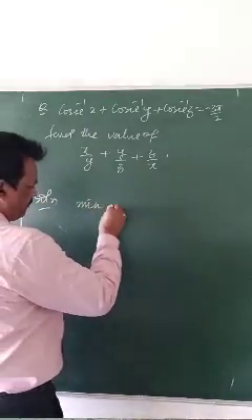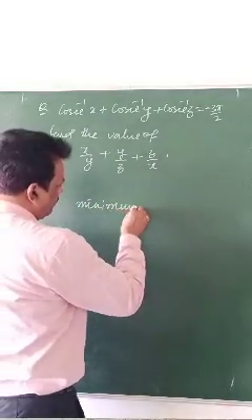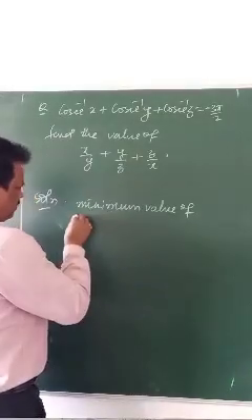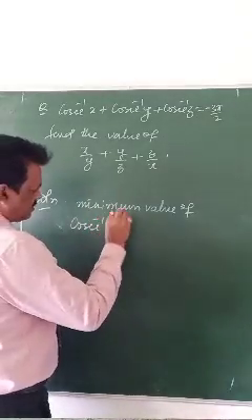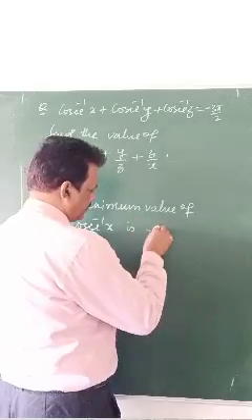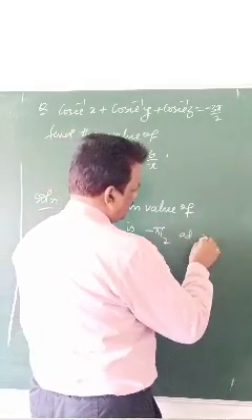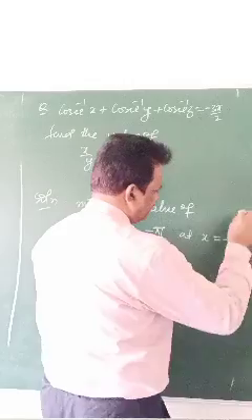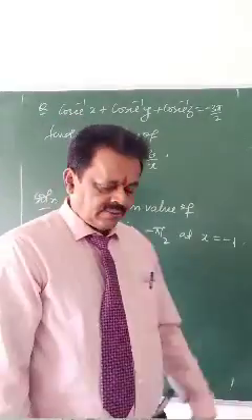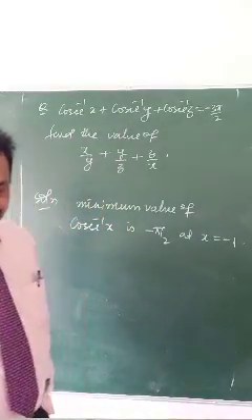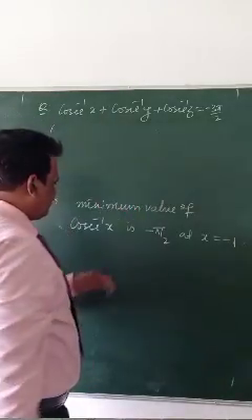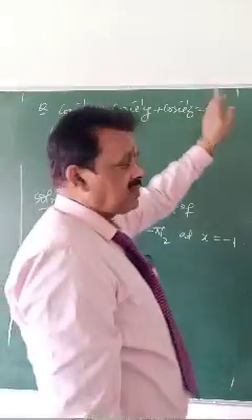The minimum value of cosec inverse x is minus pi by 2, at x equals minus 1. If you study the graph, you will find this. The same holds for cosec inverse y and cosec inverse z.